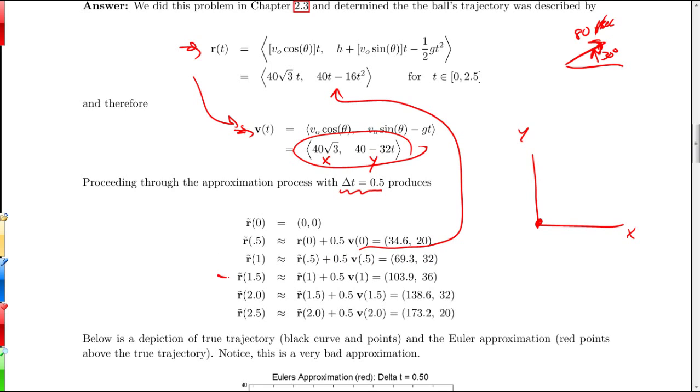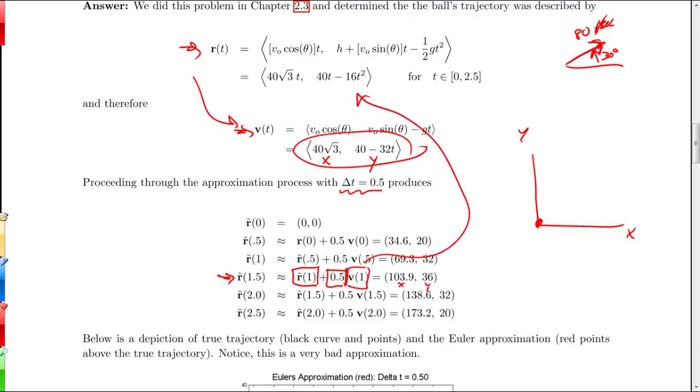Then I can get my third time step, which is 1.5 seconds. I take where I was at 1 second, add my delta t, or my 0.5, times my velocity from back then, and I get an x and a y at time 1.5.